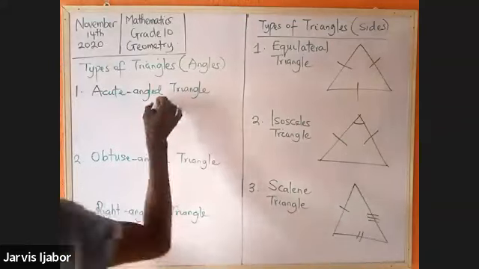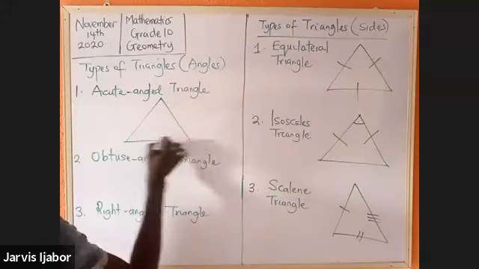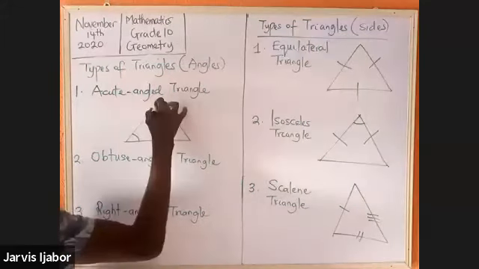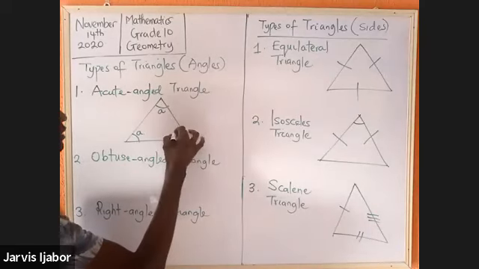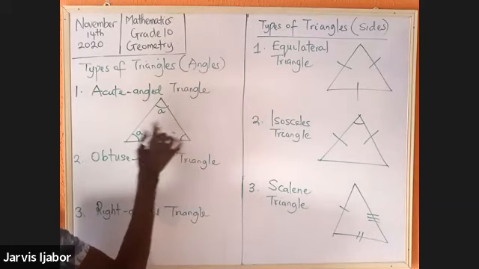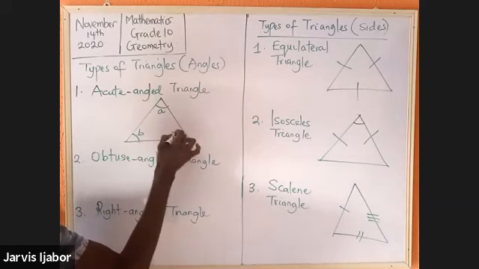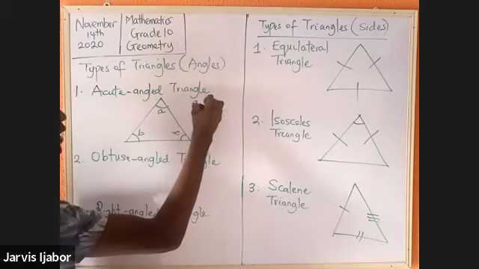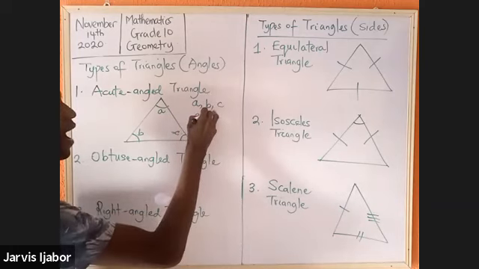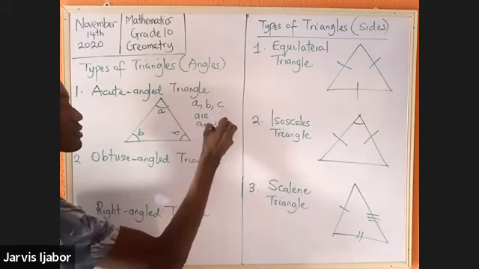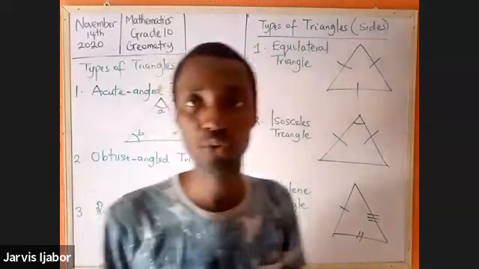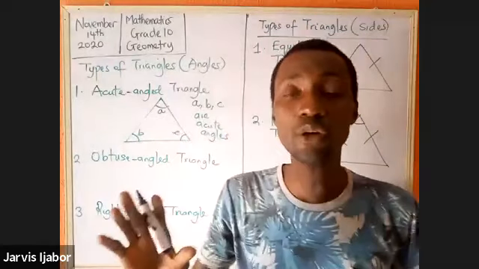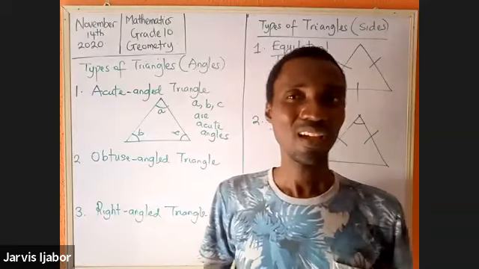So if I have a triangle of this nature, I expect that all the angles, let me use small letters a, b, and c, are acute angles. So the three angles must be acute.